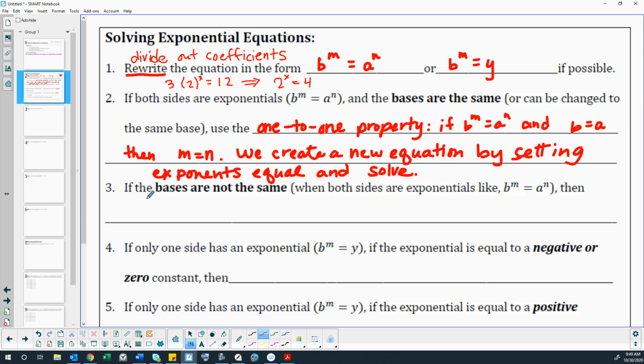If the bases are not the same and there's no way to make them look the same, so a and b are completely different numbers, and it's not like b is a 3 and a is a 9 that could be changed to a 3, then what we have to do is take the log of each side.